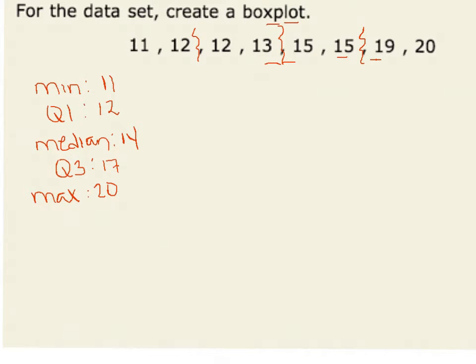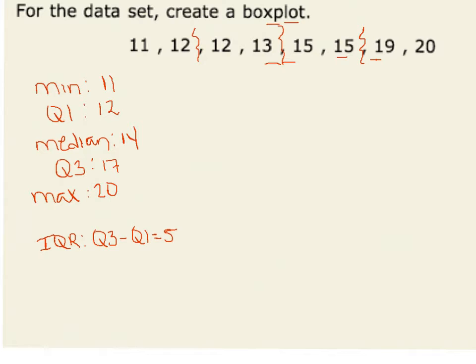Another value that might be useful is the interquartile range, which is the difference between the upper quartile and the lower quartile, in this case 5 units. The interquartile range is often used to define outliers. An outlier is any observation that is more than 1.5 times the IQR from the nearest quartile.